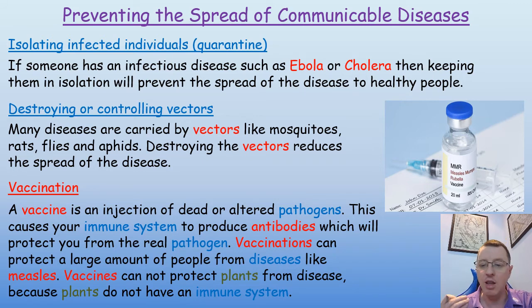But if we get a large enough number of people in a population vaccinated, we might be able to achieve herd immunity. And that means that the pathogens will not be able to spread from person to person, and therefore people who cannot receive the vaccines for medical reasons, or people with compromised immune systems due to organ transplants or old age, or indeed newborn babies, will be protected from the pathogens because our population has reached herd immunity.